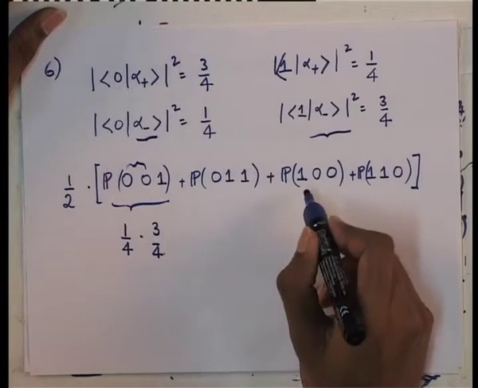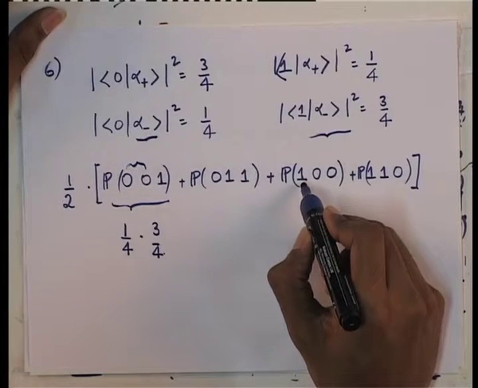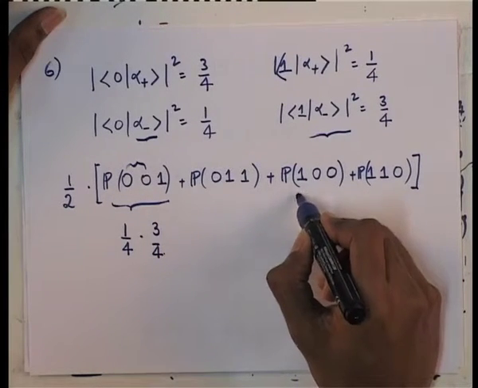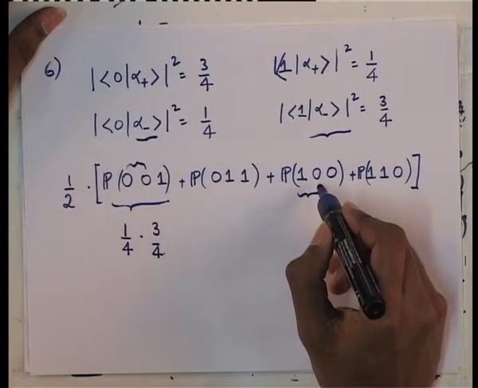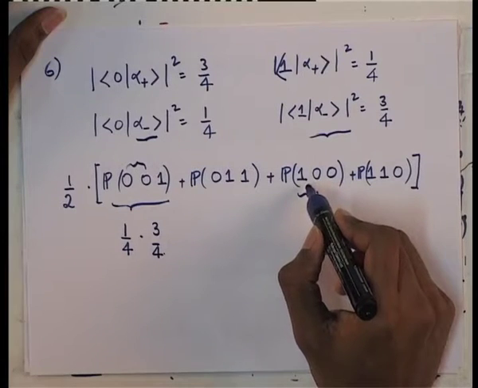Consider any other case. Suppose Alice sends 1 and Eve measures 0. Probability of this happening is, suppose Eve has used alpha plus basis.